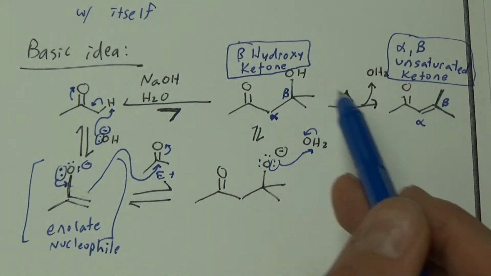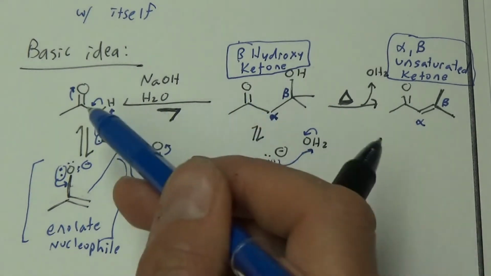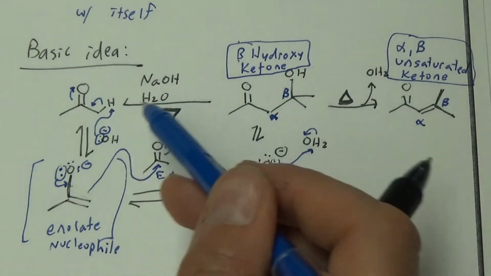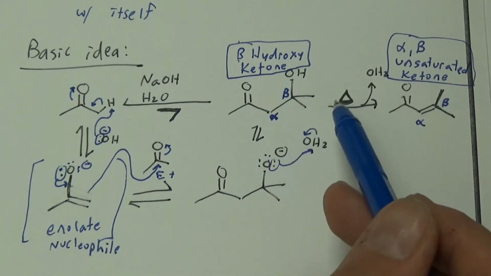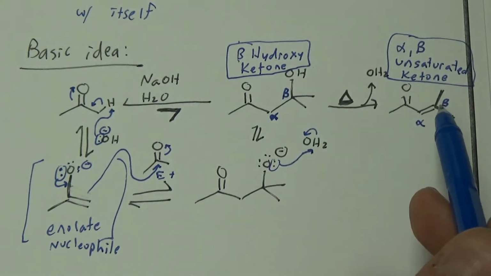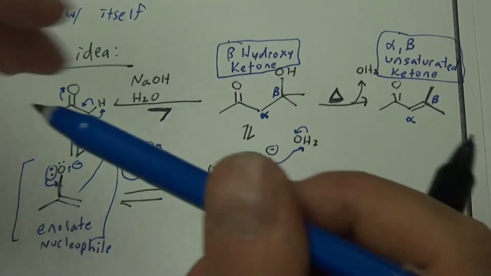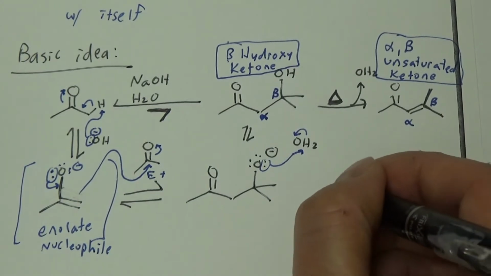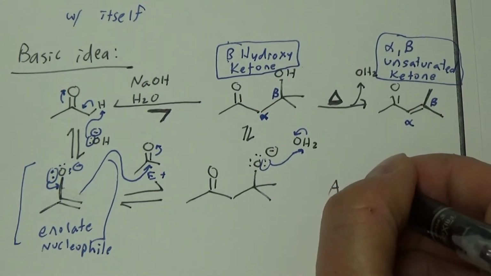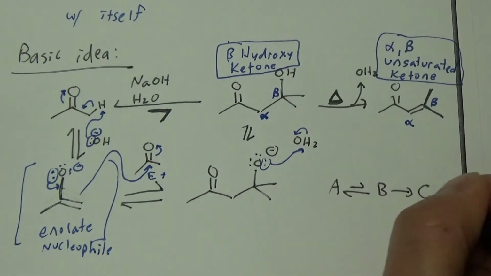This thing is actually very stable, and so even if this is initially disfavored, it doesn't mean it's completely disfavored. Once you make some of it, it continues on to form a very stable final product. We'll talk about that a little bit more. This is an example of, if I have A and it's disfavored to make B, and then irreversible to make C.